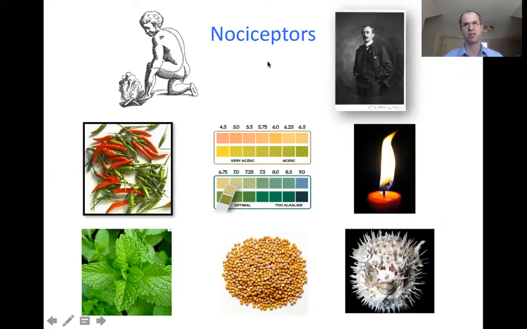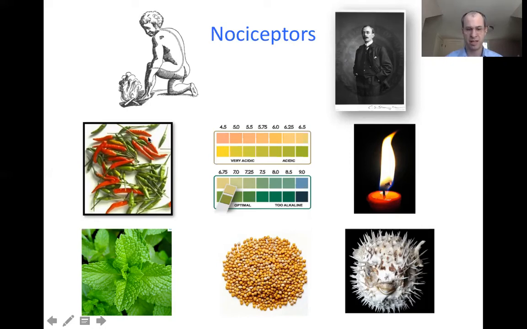And so these include specific ionotropic receptors on the pain-sensing neurons and specific ion channels. So many of the receptors are in the TRP channel family or transient receptor potential family, and these include TRPV1, which is the capsaicin receptor. That's the active ingredient in hot chili peppers.